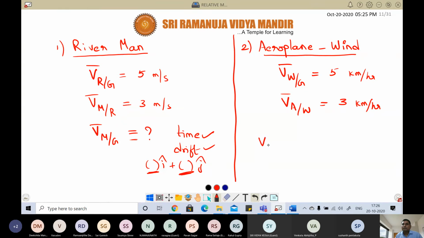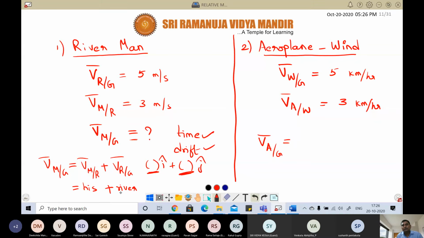Now what will be asked here? The velocity of aeroplane with respect to ground. What is the formula here? Just like we wrote velocity of man with respect to ground is equal to velocity of man with respect to river plus velocity of river with respect to ground, or in simple terms, his effort plus the river's effort. Vectorially we should add.